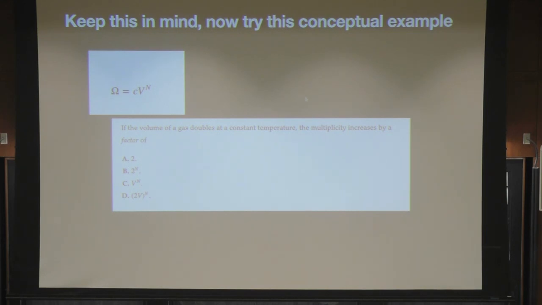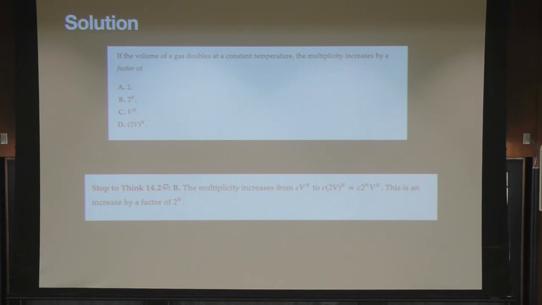Okay, so the multiplicity increases from C V to the n to C times 2V to the n because the volume doubles. So now I have 2V to the power of n. So I doubled my volume, but then this is both to the power of n.